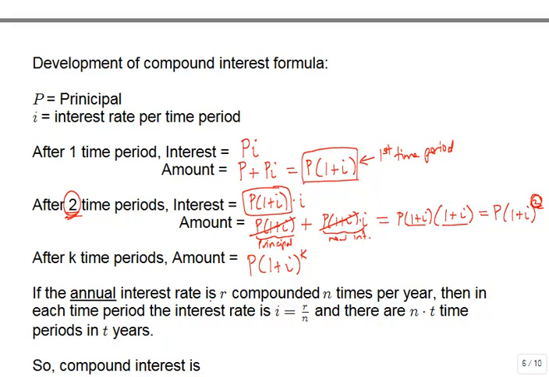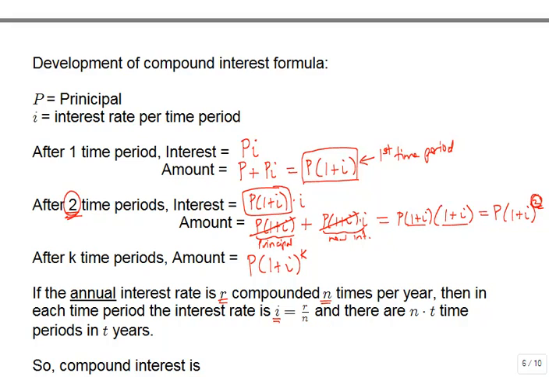So if you have an annual interest rate, the annual interest rate over the entire year, but it's being compounded n times per year, then in each time period you're going to earn an interest rate I of the annual interest rate R divided by n, the number of times it's getting compounded.